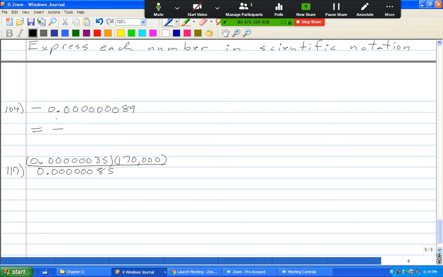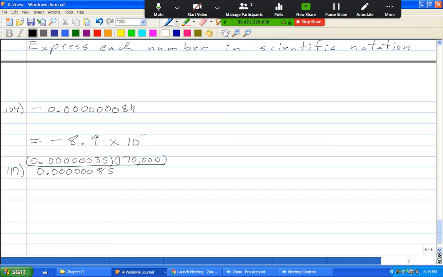Determine the leftmost non-zero digit, 8. Put in decimal point. Continue to write every digit until you get to the rightmost non-zero digit. Times 10 to the power. Well, in this case, this is going to have a negative exponent because this is a decimal. It's a small number.